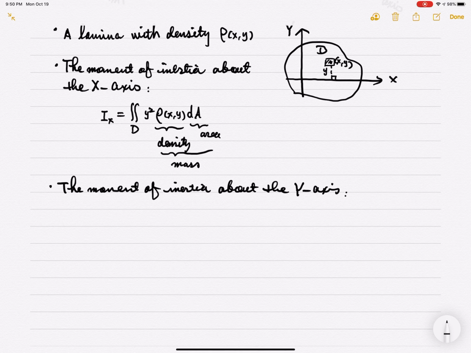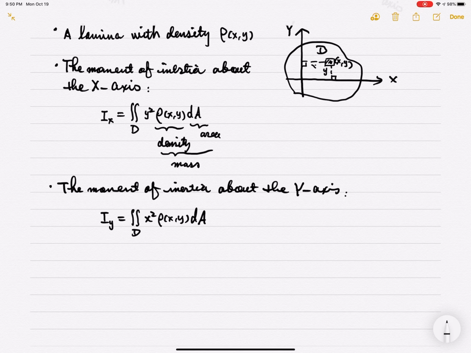Okay, so we say this is I sub y is equal to the integral over D of x squared rho(x,y) dA. Now x squared, you see here, x is the distance to the y-axis.